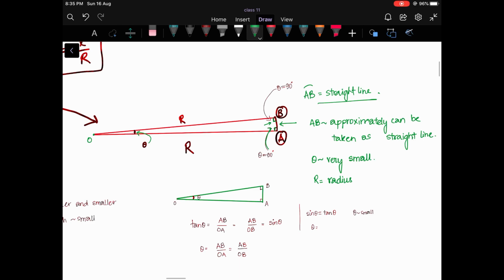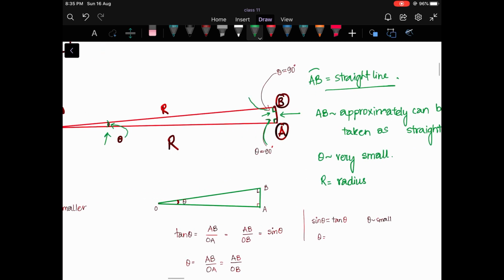So always remember, when the angle subtended by an arc is very small, then these two angles can be taken as almost equal to 90 degrees. And you can imagine this whole arc not to be an arc but a straight line.